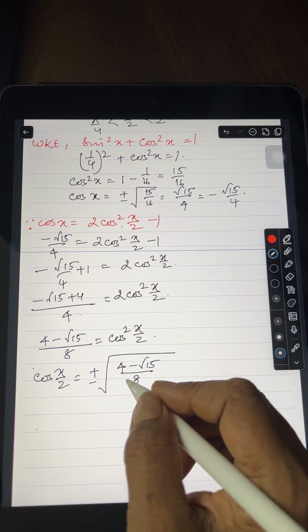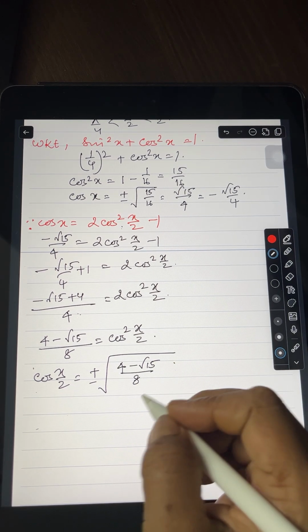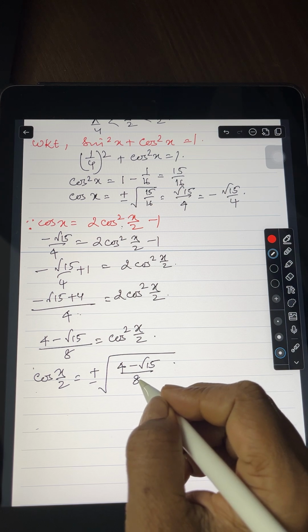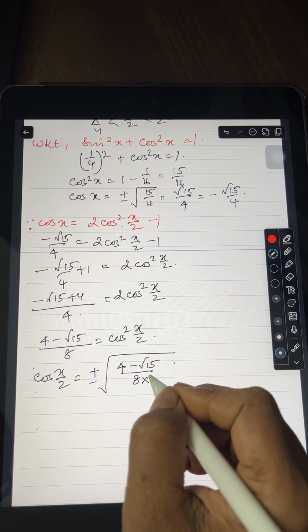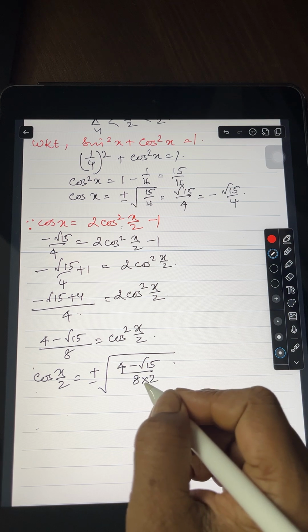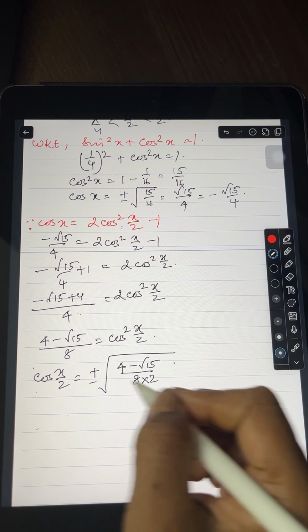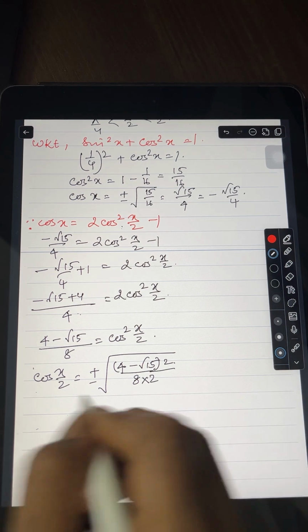Now you see, you can't do anything with this. You can't even simplify this further. So what you will have to do is make this a perfect square. How can you make this a perfect square? When you multiply by 2, it becomes 16. So 16 is a perfect square. So you are multiplying by 2 in the denominator, so in the numerator also you'll have to multiply by 2.